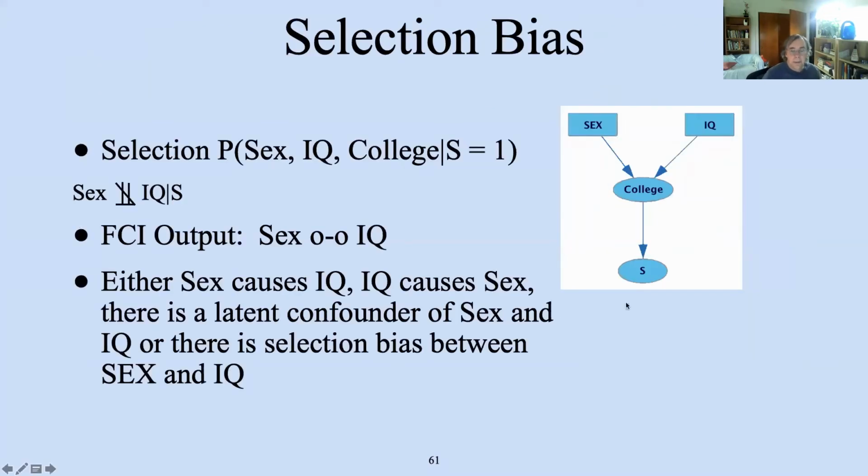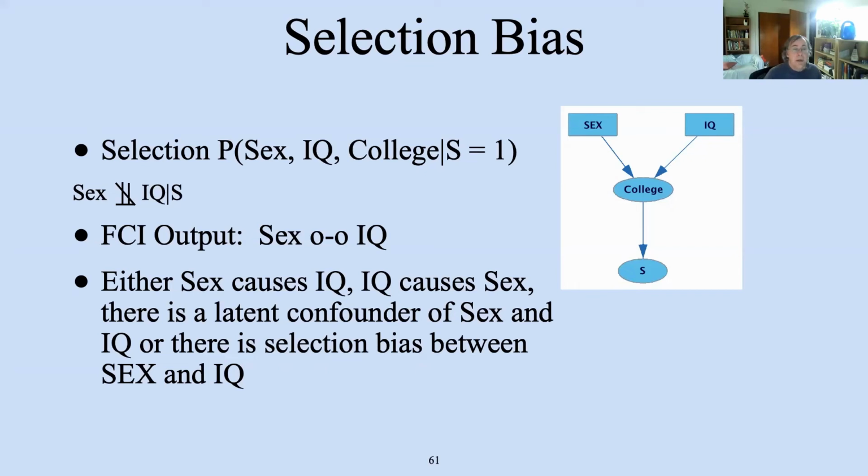On the other hand, if my sample was selected from within the college campus, so that when I looked inside my sample, that's the case where S equals 1, I would see that, as a matter of fact, sex and IQ were dependent in my sample. So what we could look for is that sex and IQ, for example, would output something like this.